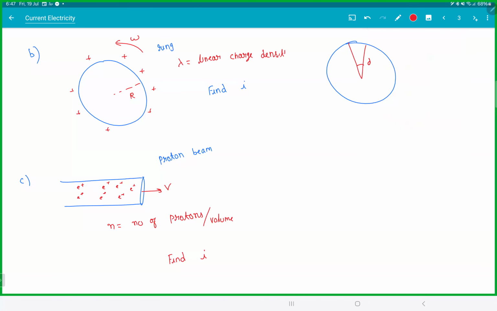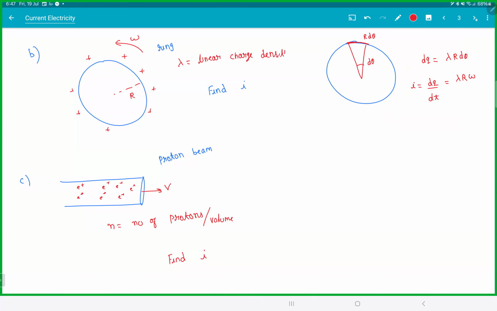Take a small piece d theta. So this would be r d theta. So dq will be lambda r d theta. Current will be dq by dt. So in this case, the average also will be instantaneous current. This will be lambda r d theta by dt, which is d omega.